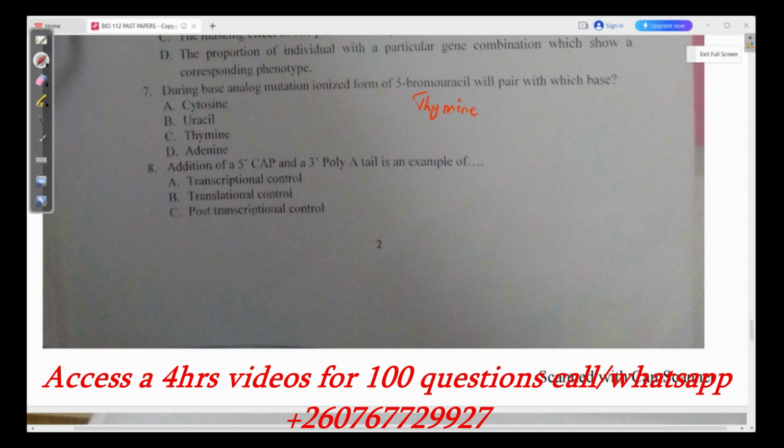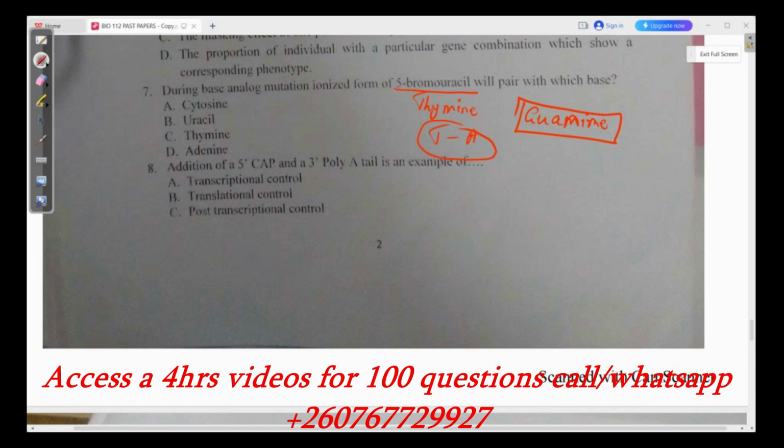You know that thymine will pair with adenine. So instead of it pairing with adenine, it pairs with guanine. So there's that base mismatch. So 5-bromouracil pairs with guanine.